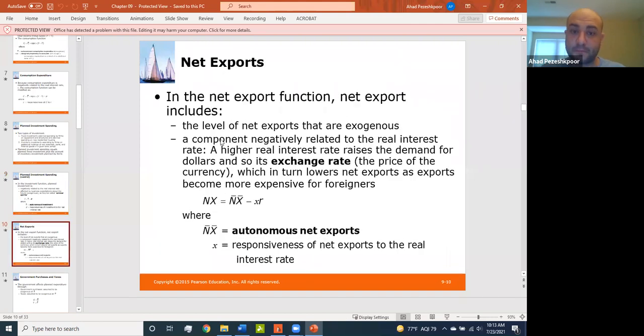Now, of course, we have the net exports, which is again autonomous net exports. These are the levels of net exports that need to happen. For example, the United States, the country's Sunbelt states are like the most productive agricultural place in the world.